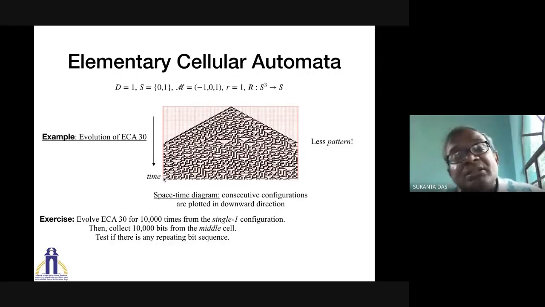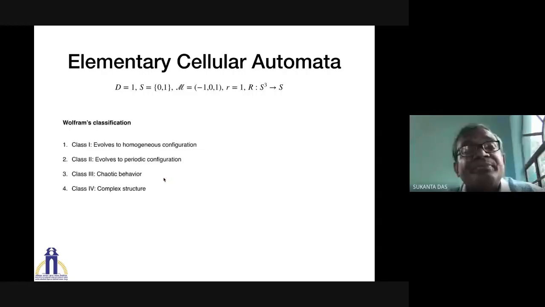He also experimented with random initial configurations. Based on that, he classified the CA. He identified 4 classes: class 1, class 2, class 3, class 4.